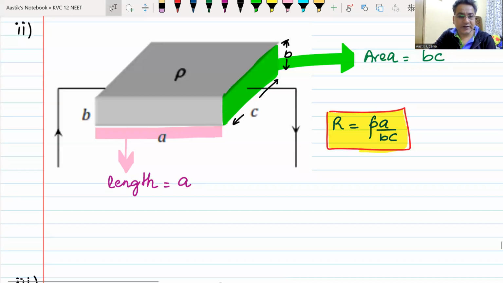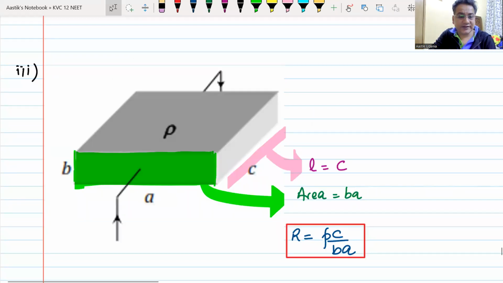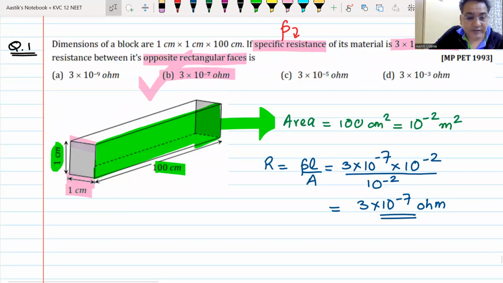If you connect them in different ways, we will have different resistance depending on the area and the length. We started solving some questions based on it, where from resistivity we had to find out resistance and so on. Do we remember this?